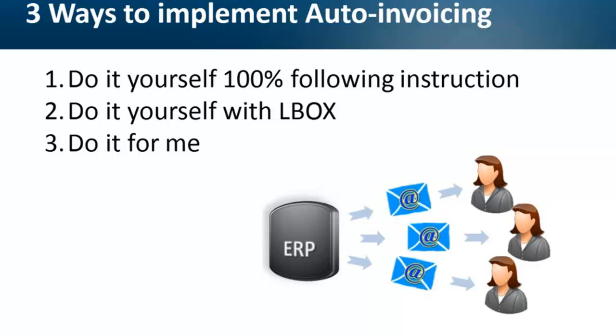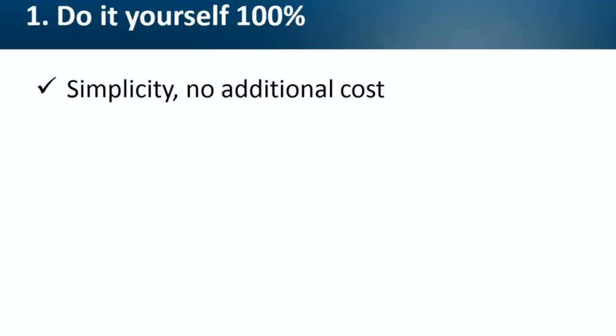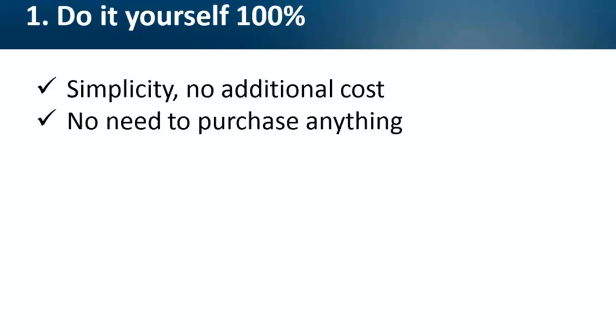Now let's have a look into the first option. The benefits of this method are simplicity and ease of implementation, right? As I mentioned earlier, you don't need to buy anything. You can do everything all by yourself, simply by following our step-by-step instructions.